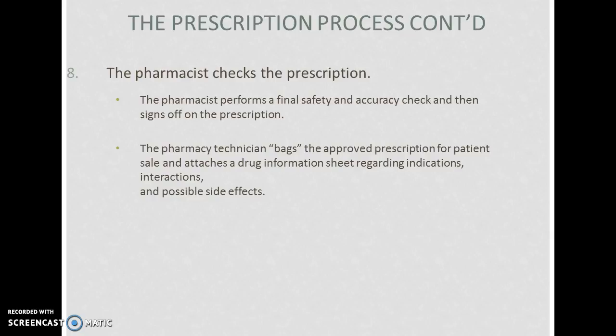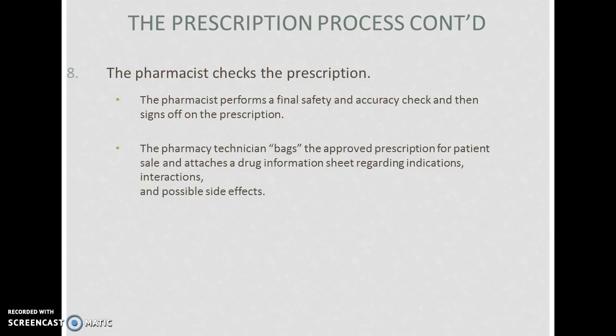Then number 8, the pharmacist checks the prescription. The pharmacist performs the final check to make sure that the prescription is prepared as prescribed and performs the final evaluation of potential clinical issues. So it is the pharmacist's responsibility to make sure that everything is fine. They should do an accuracy test and final safety check, and then they sign off on the prescription.